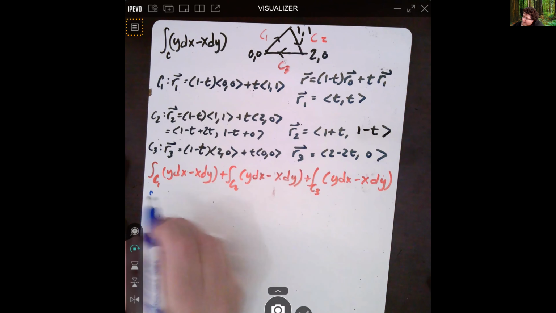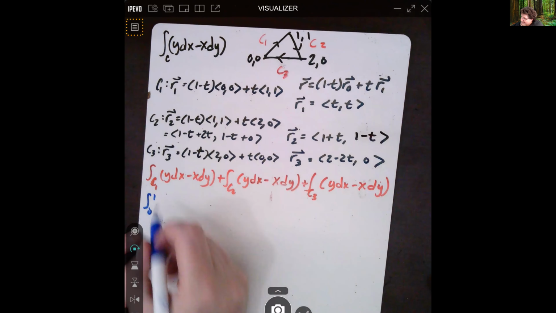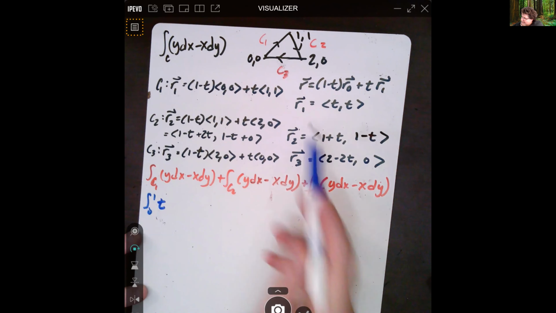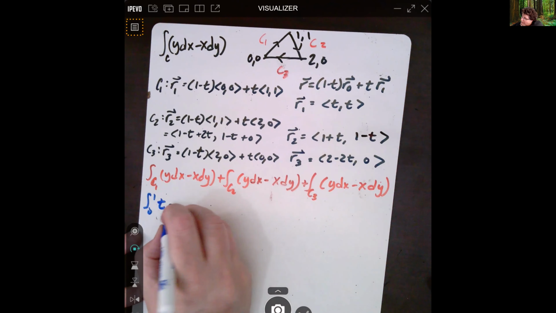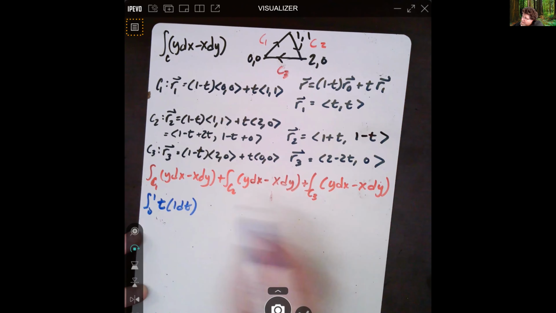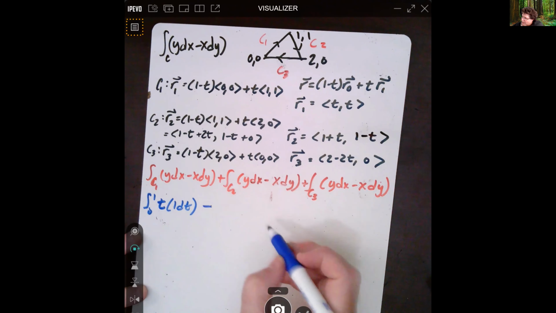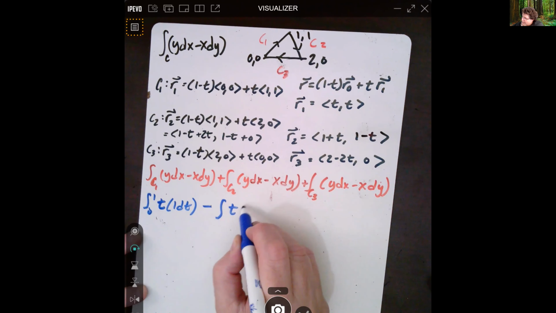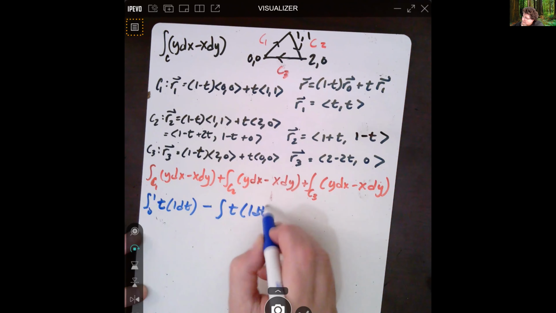Along curve 1, we're going from 0 to 1. y is t and dx is 1, so 1 dt. And then I'm going to do minus x dy. x is also t, and dy is 1 dt as well.